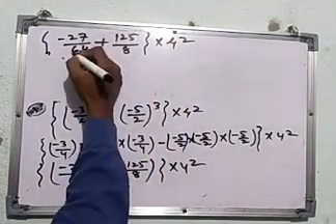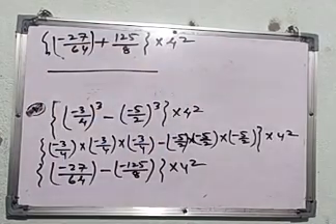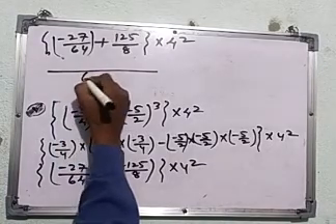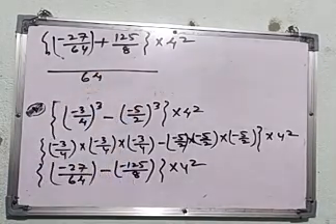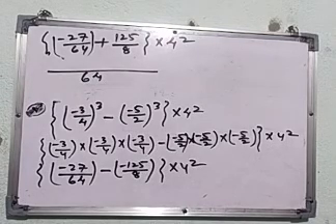You take also in bracket. If you find the LCM of 8 and 64, we get 64.